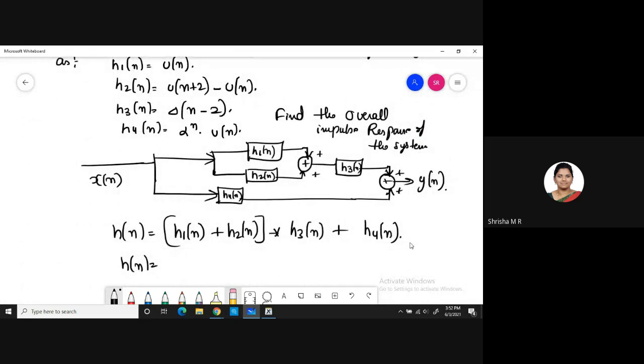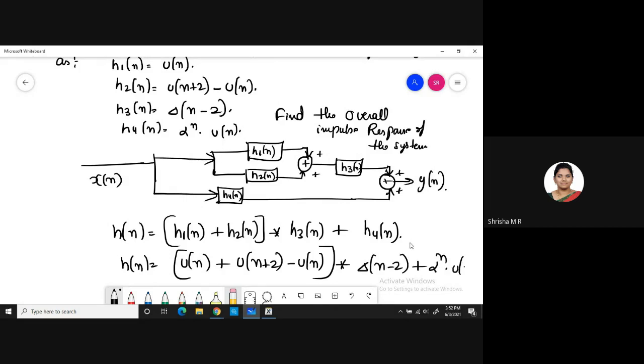So h1 of n is u of n. And h2 of n is u of n plus 2 minus u of n, convolved with h3 of n, which is delta of n minus 2 plus alpha to the power of n into u of n. So this u of n and this u of n will get cancelled.